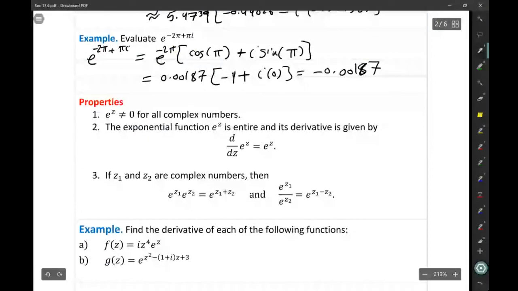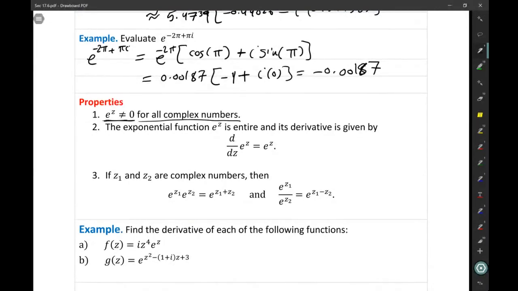Now the properties of the exponential function. e to the power z will not equal 0 for any complex number. We have the same property in the reals: e to the power any real number is not equal to 0.